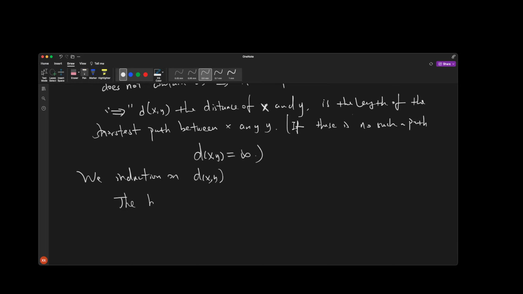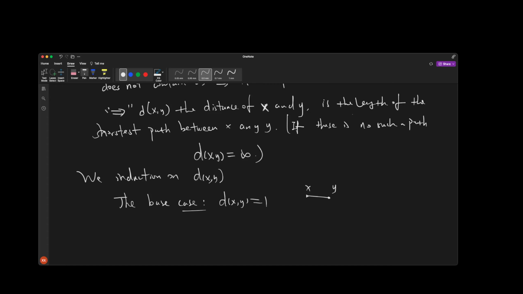So the base case is what? The base case is that the distance of x and y is 1. There is an edge between x and y. Great. I think this is very easy to check.